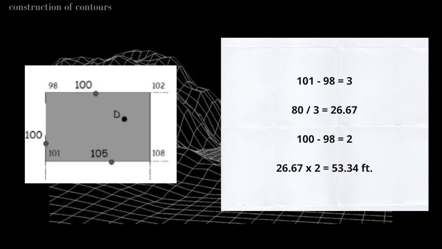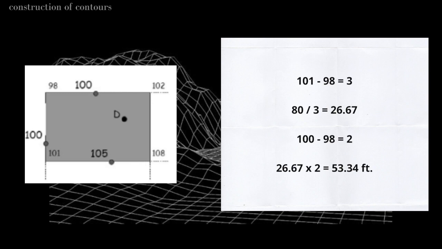Then we take our contour interval of 100 and subtract the lowest value of the line, which is 98, and we get 2. Then we get the point location of the interval by multiplying 26.67 by 2. We get 53.34 feet. After that, we plot it on the map by measuring 53.34 feet from the intersection point 98.